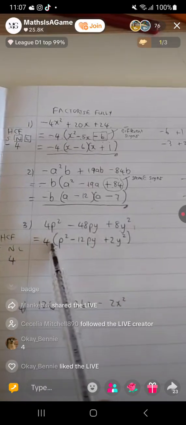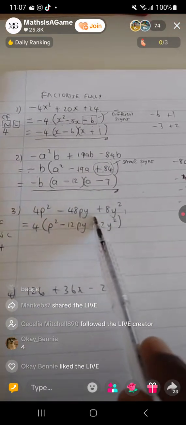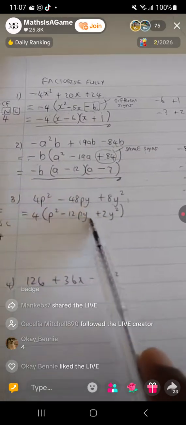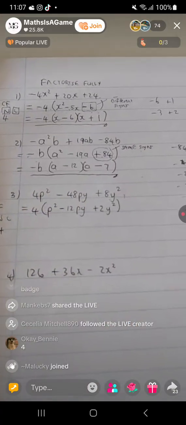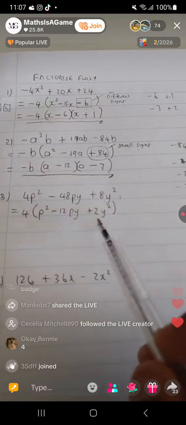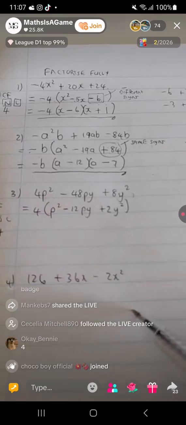Now, I am not going to continue any further. Why? Because guys, I know there are no factors of 2 which, when I add them together, will give me negative 12. This number 2 is too small to form factors that will give me a number this big.